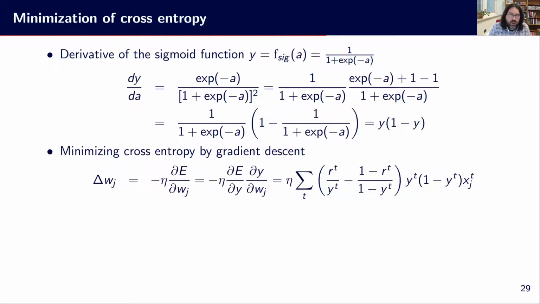So then, if we are looking at the gradient descent we can do on that cross-entropy error criterion, we've got something like minus eta, partial derivative of the error over wj, is equivalent to minus eta times the partial derivative of error over y and the partial derivative of y over wj.